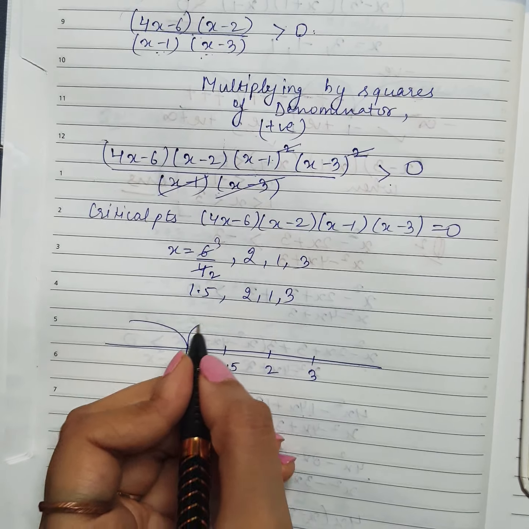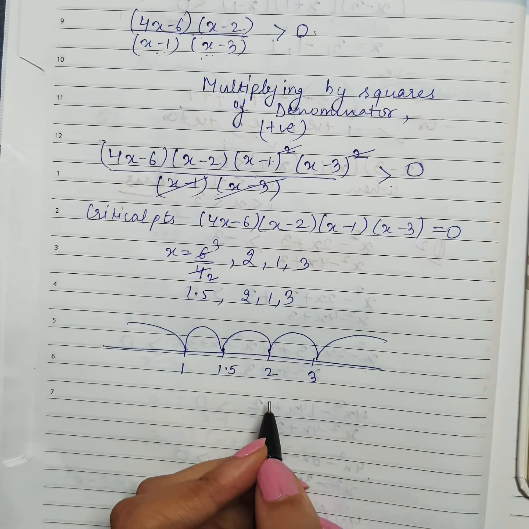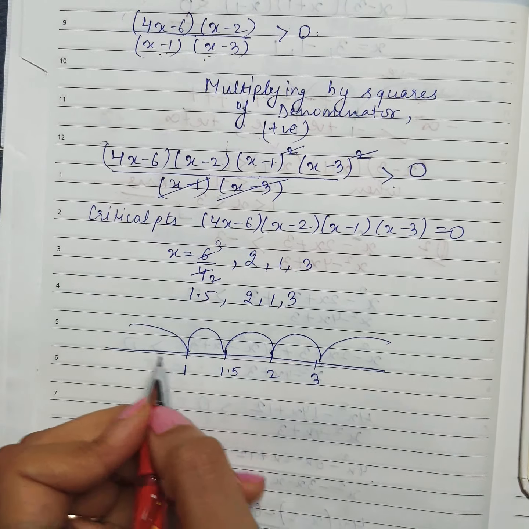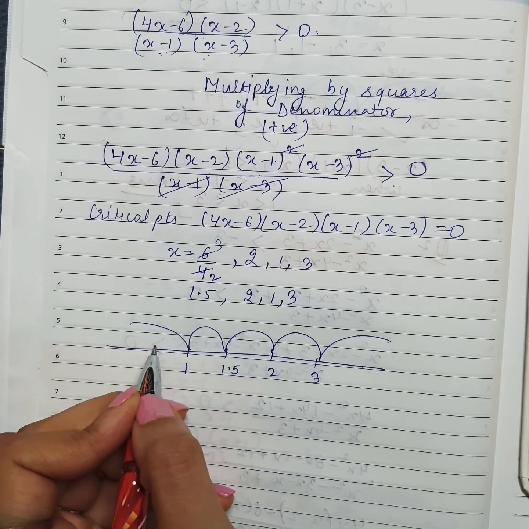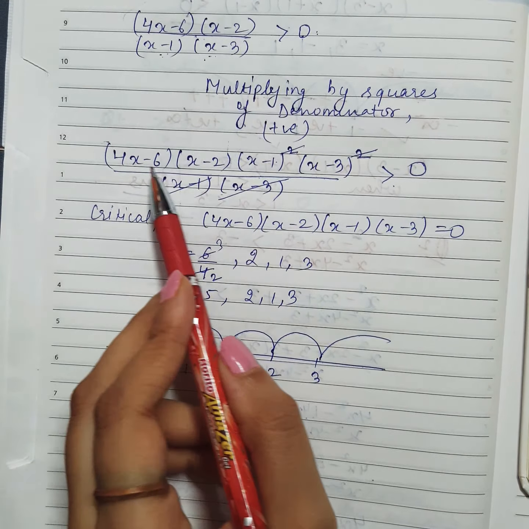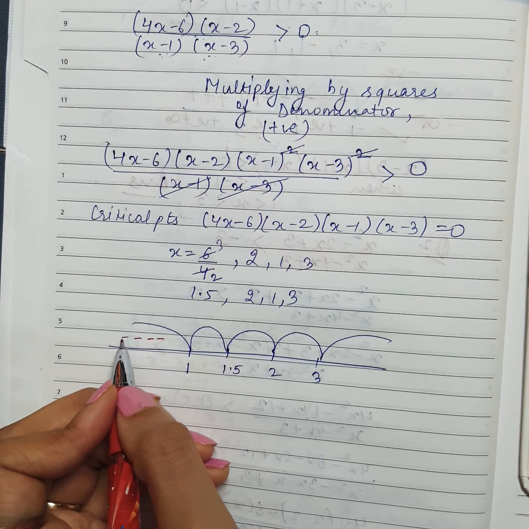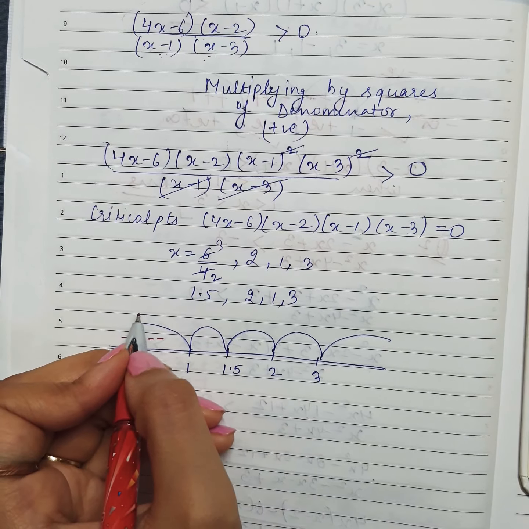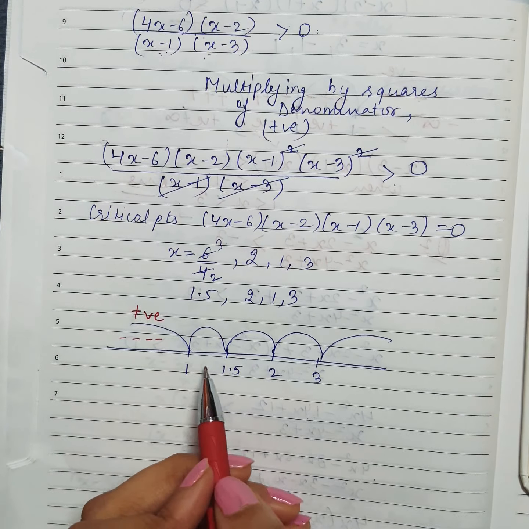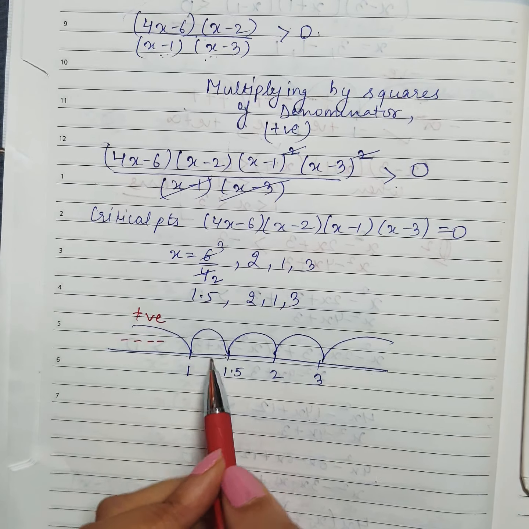In each and every range we will check the sign. Okay, now checking the sign of each one of them. Less than 1, let's take 0. Substitute in all of them, you will get all the brackets to be negative. You can try that. So the product of 4 negative signs will be positive. Putting any number between them, suppose I am putting 1.2.